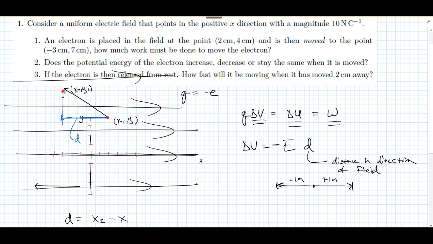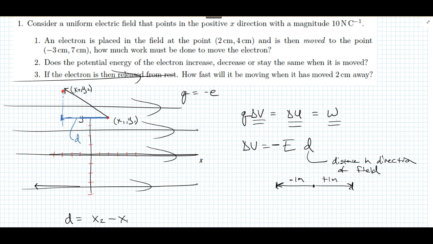The electron is a negative charge, and the change in potential energy is the charge times the change in electric potential. The potential increased, therefore the potential energy must decrease because the charge is negative. So the potential energy of the electron is going to decrease as I move from point 1 to point 2.